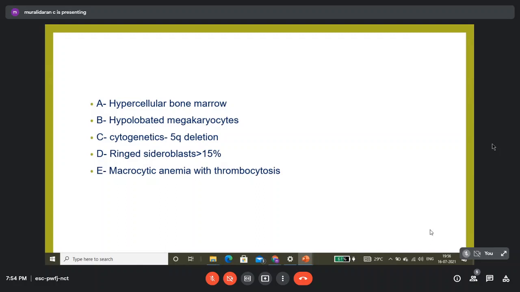Number one option is hypercellular bone marrow. Of course, in an MDS patient, 90% of cases have a hypercellular bone marrow. Number two, hypolobated megakaryocytes. In any MDS case, megakaryocytic dysplasia can be seen as a part of panmyelosis or multiple lineage dysplasia.